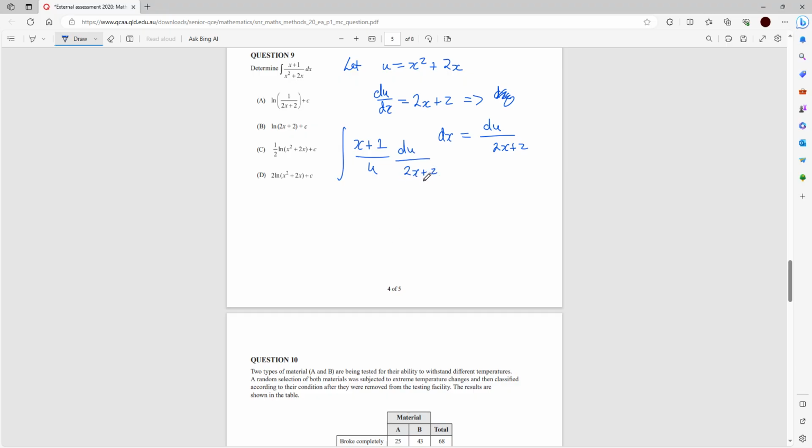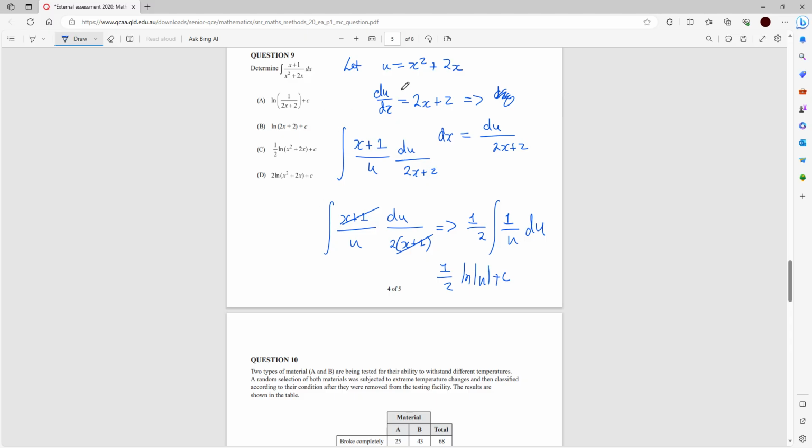I can take out a factor of 2 down here, so I'll have the integral of x plus 1 on u du. Take out a factor of 2, and we can see that can cancel out with that. So what we get is the integral of a half, take that half out the front, on 1 on u du. Integrating 1 on something is natural log, so you have a half natural log of u plus c.